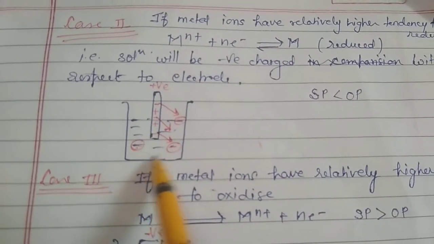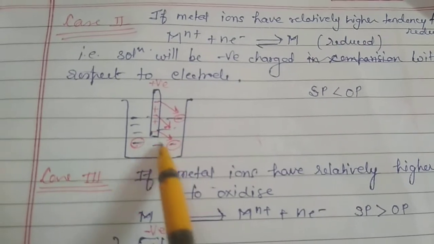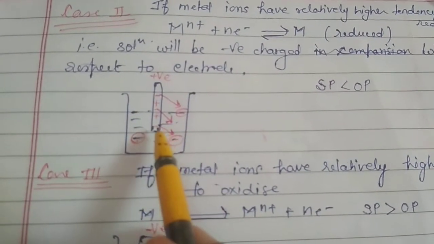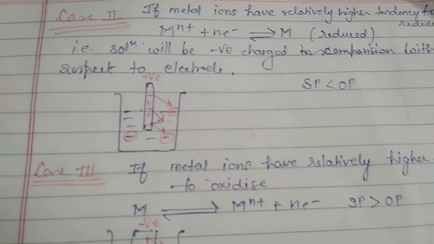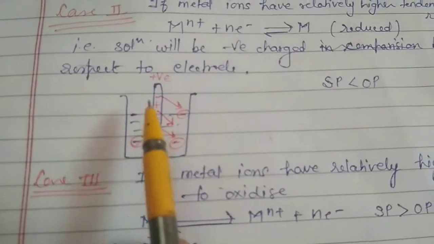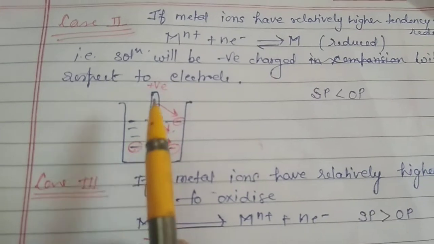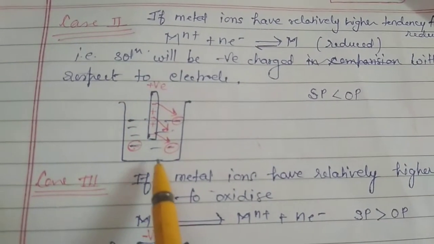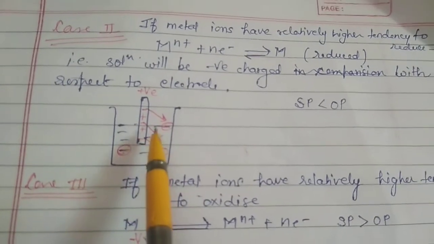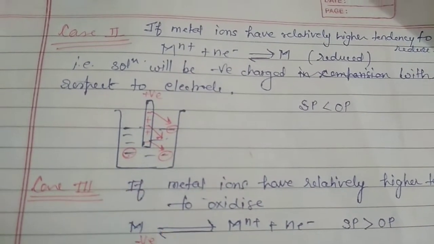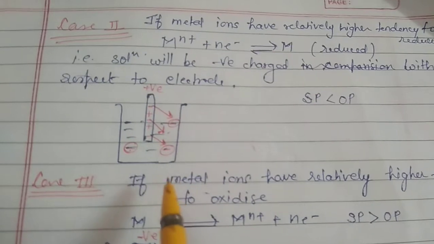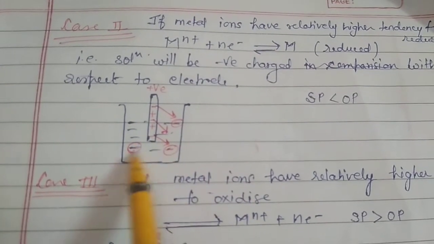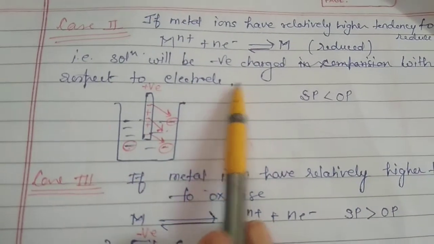Now only negative charge is left in the solution if they keep moving towards the metal rod, and as they gain electrons from the rod, the rod only has positive charge. But the process would not go on continuously. Why? Because negative charge would build up here and there would be repulsion, and the process would stop.